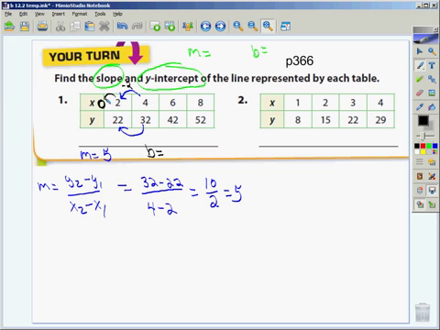If I go from 2 to 0, I took away what? From 32 to 22, I took away 10. So to get to the 0, I'd have to also take away 10. So this would be 12. Everybody okay with where that is? Everybody understand how I got it?